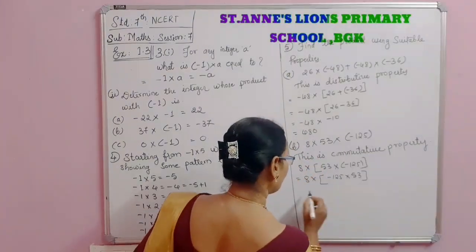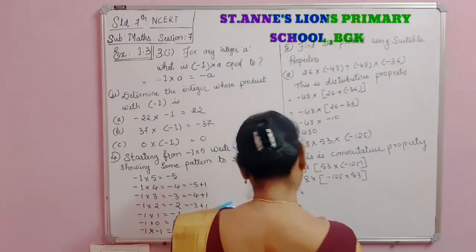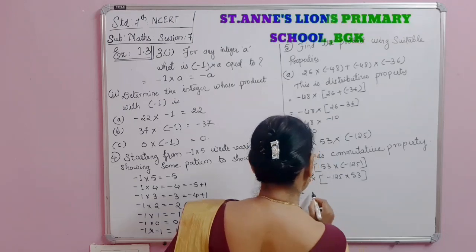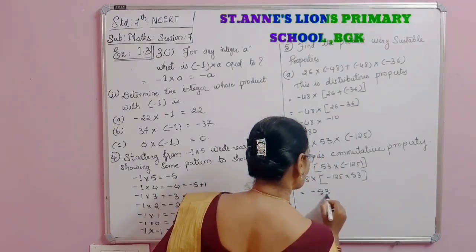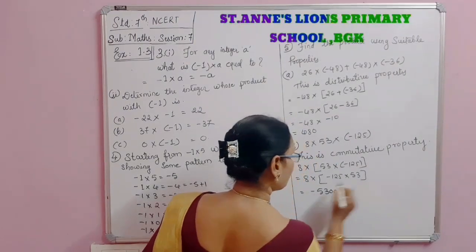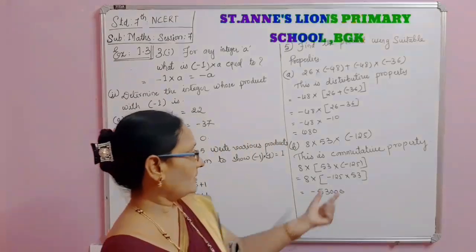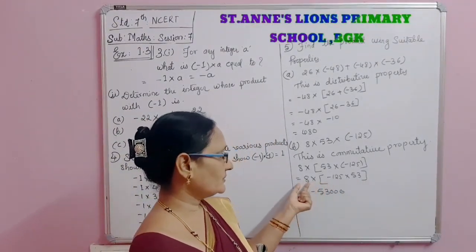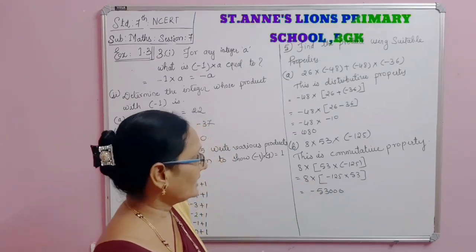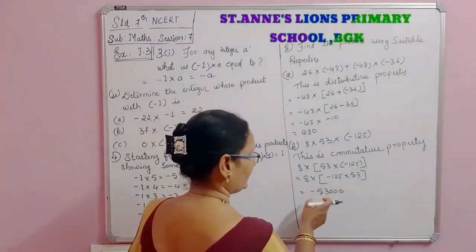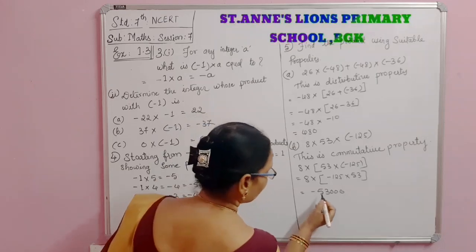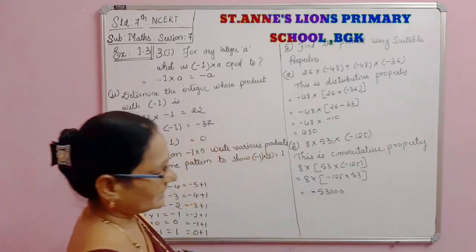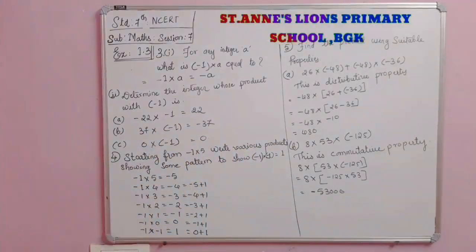Then the full answer for this is minus 53,000. You multiply 125 into 8 and 53 into 8, then we can add them, you will get minus 53,000. This is the answer. You copy this.